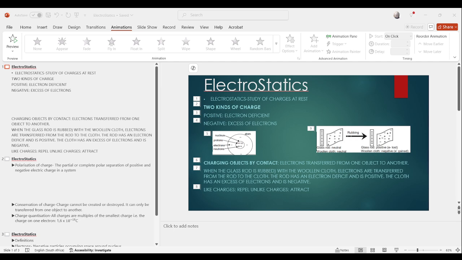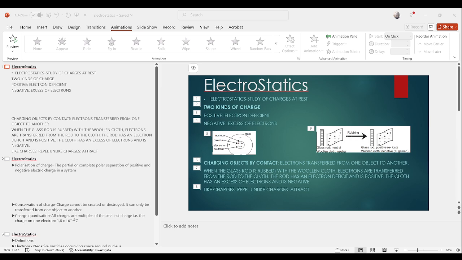And then around the nucleus, there are electrons. Now, electrons are constantly moving. Protons don't move, and neutrons also don't. So whatever is in the nucleus doesn't move, but electrons do. Okay.